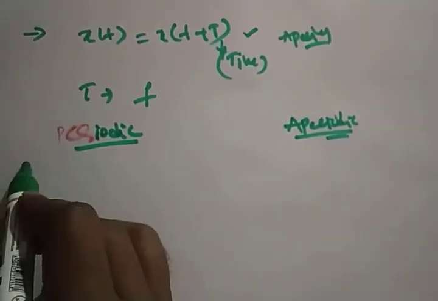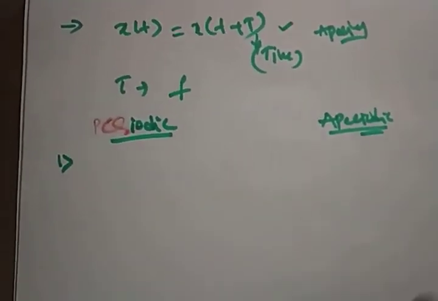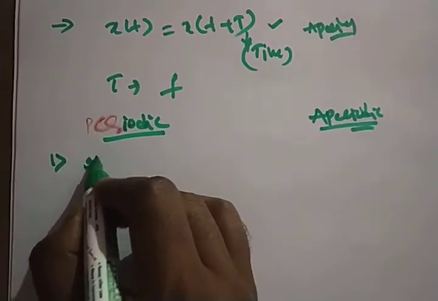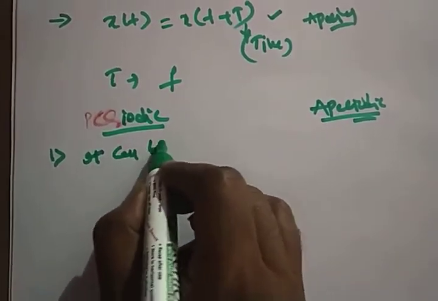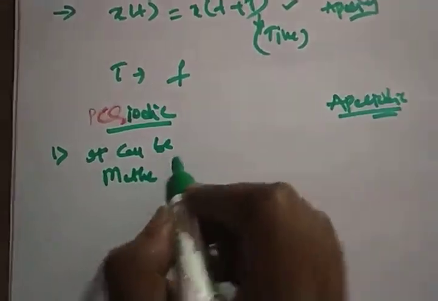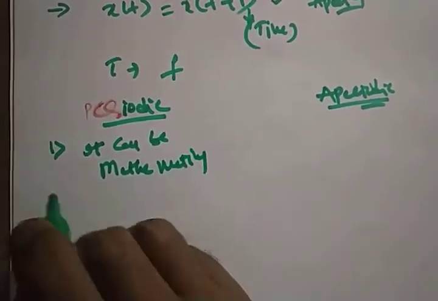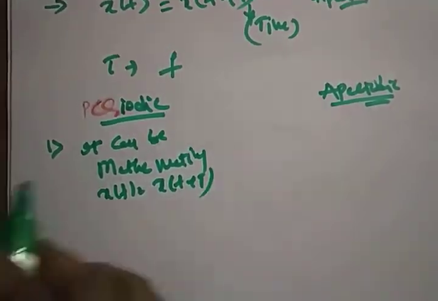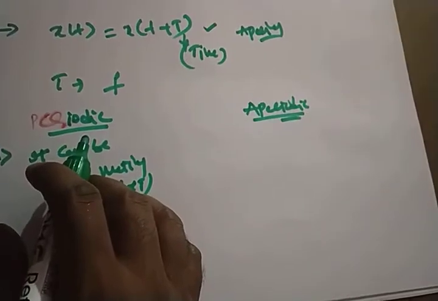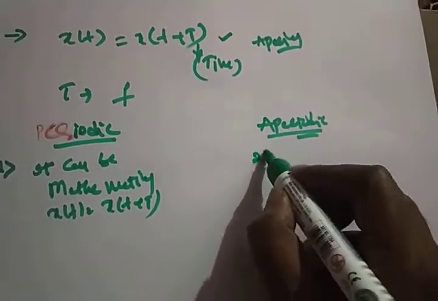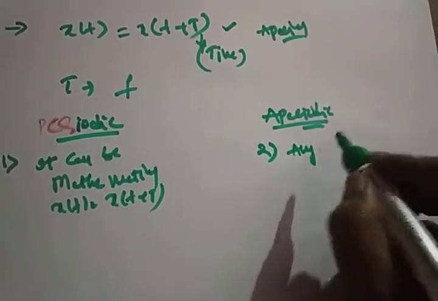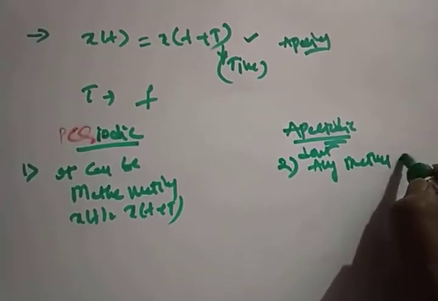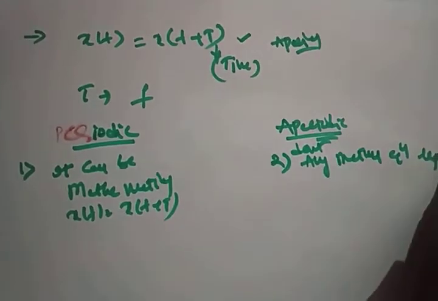The first point: a periodic signal can be defined mathematically, that is, x of t equals x of t plus T. A mathematical equation is involved to find the value of the signal, but for an aperiodic signal we don't have any mathematical equation representation.